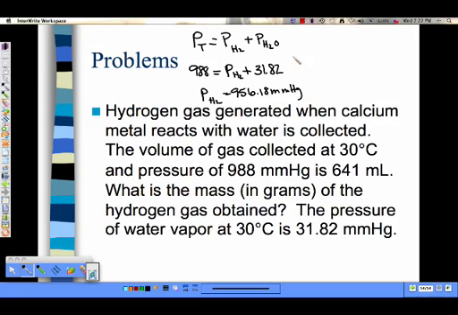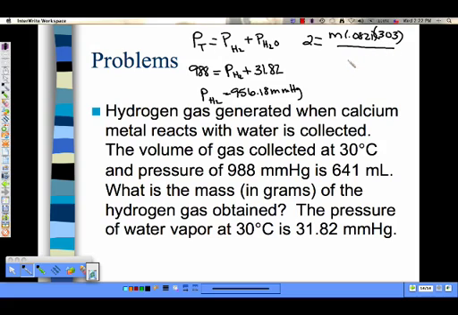Now we're going to use our equation again. What's the molar mass of hydrogen? It's 2, and we're looking for m. R is 0.0821. Temperature is going to be 303 when you add the 273.